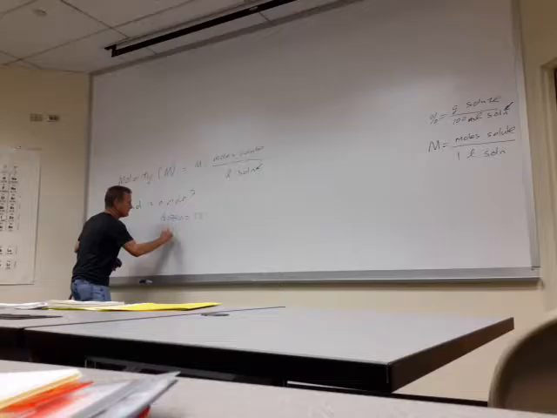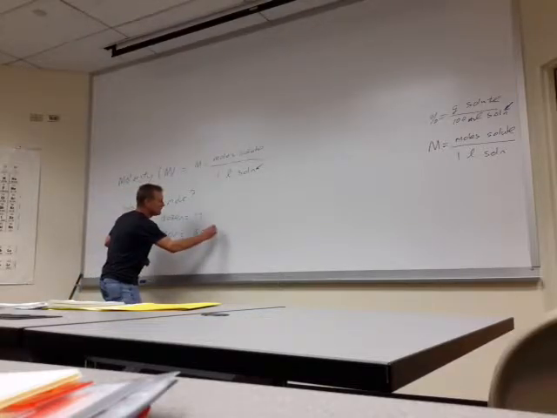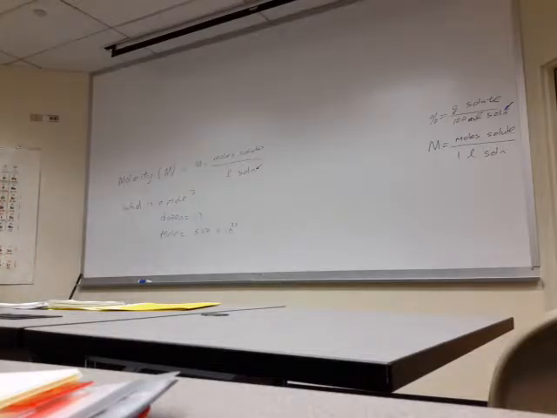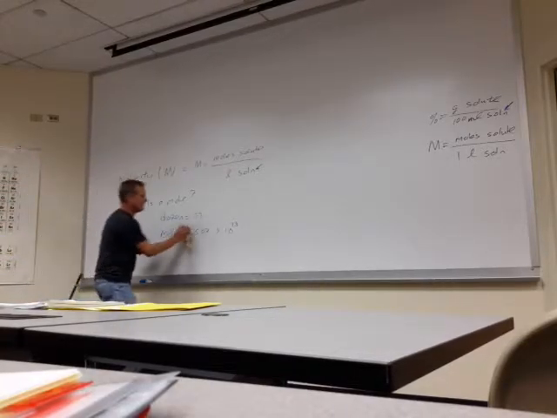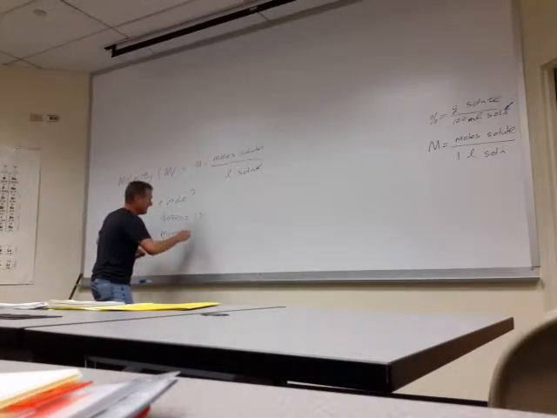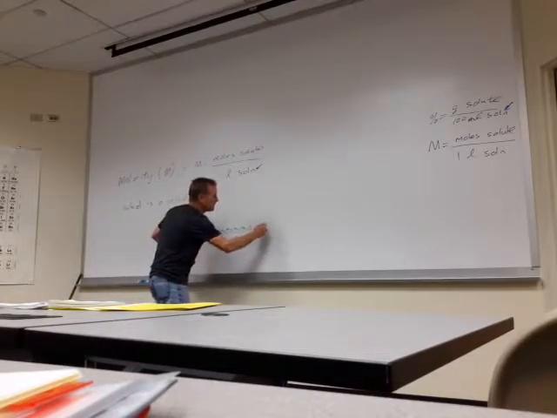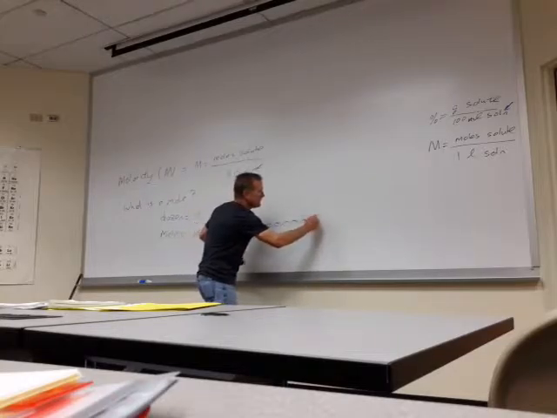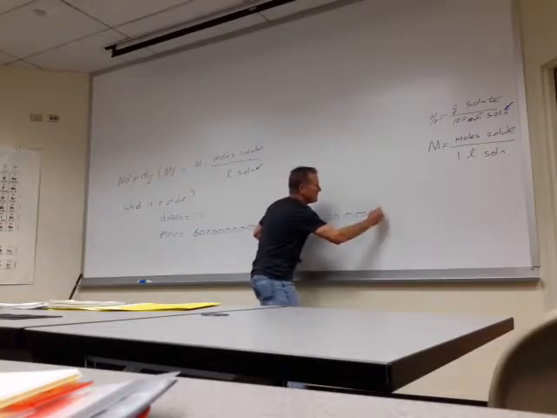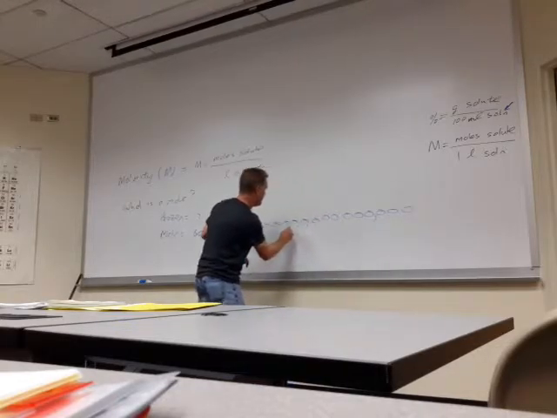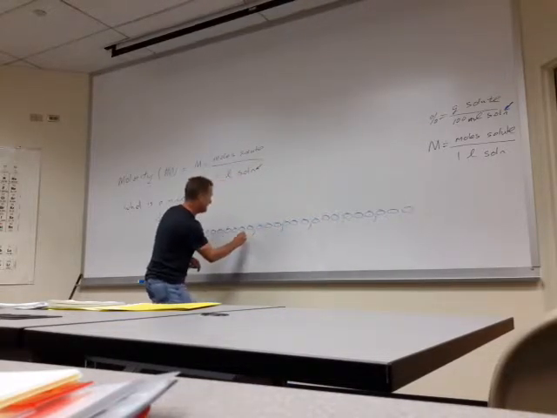Well, a mole equals that. And I mean, we don't have to write it that way. If you'd rather, we can write it this way. Better punctuate that thing. 23 zeros.